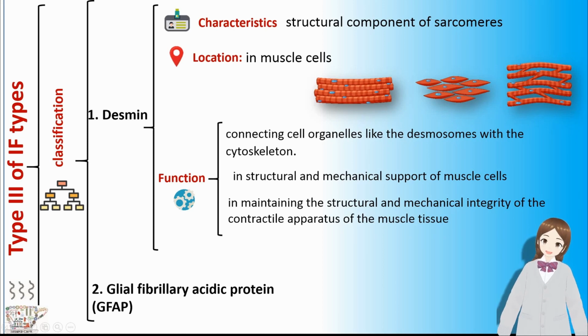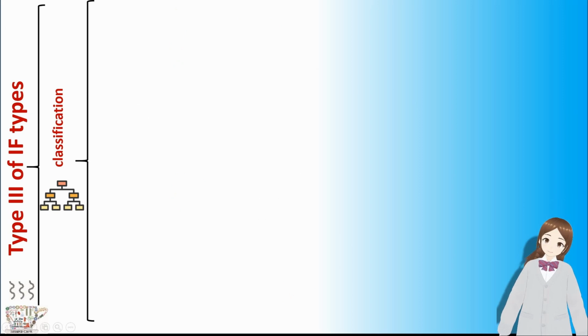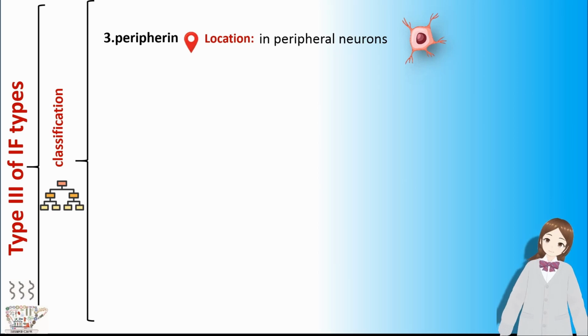The second subgroup is glial fibrillary acidic protein or GFAP. It's located in astrocytes and in glial cells. The third subgroup is peripherin. It's located in peripheral neurons.